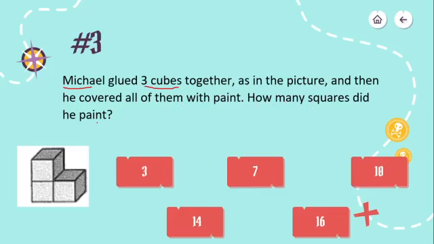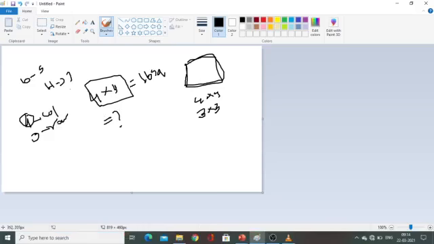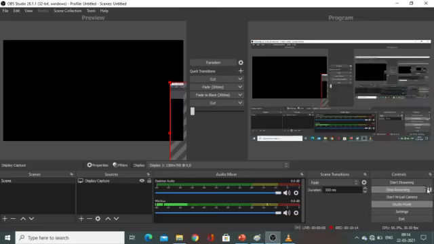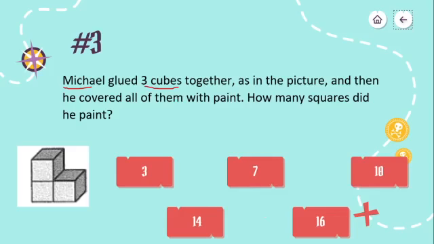Okay, I will tell you. Michael glued three cubes together and then he covered all of them with paint.